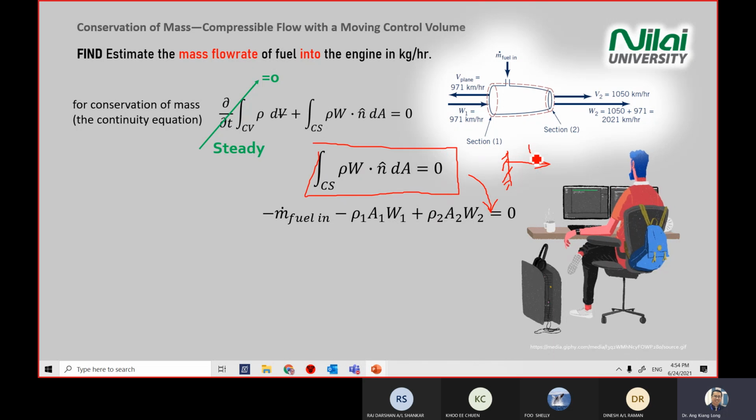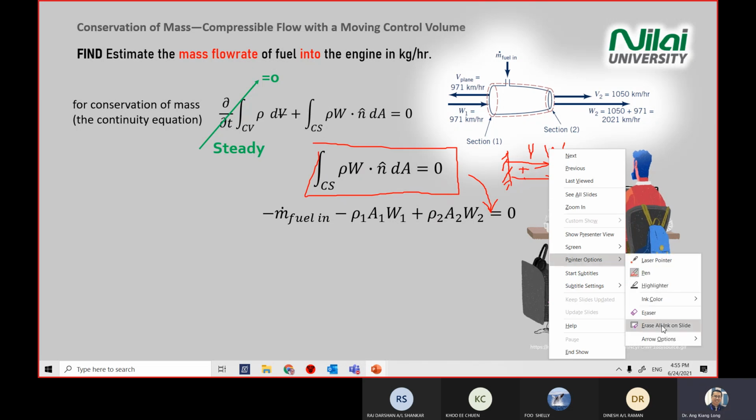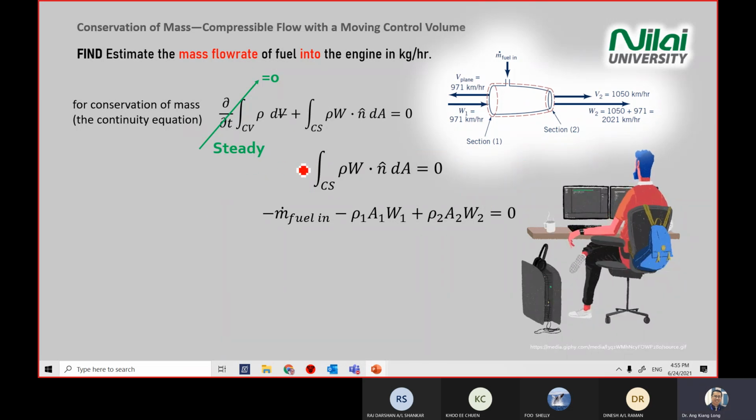If it's fixed, then you use V. If it's moving, then you use W. So in this case, we use W. Then the opening is always pointing out. You look at these 2 arrows. If they are pointing in the same direction, then you get a positive sign.